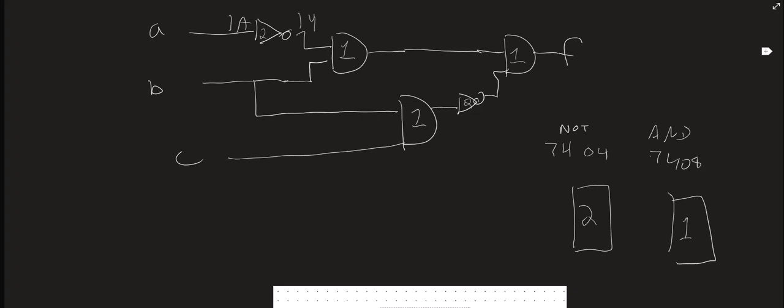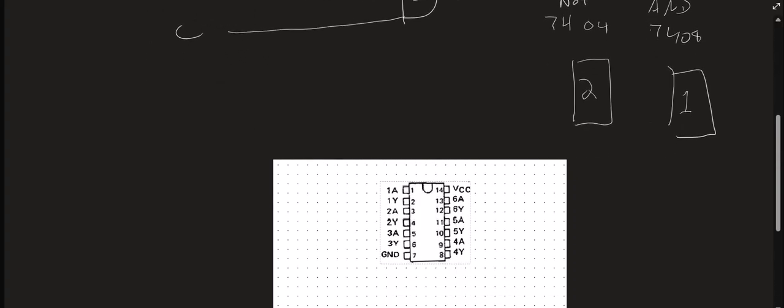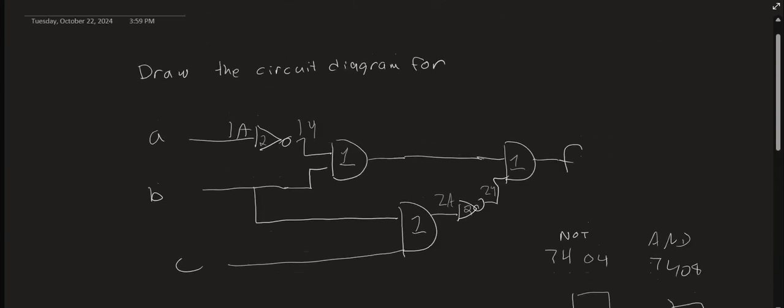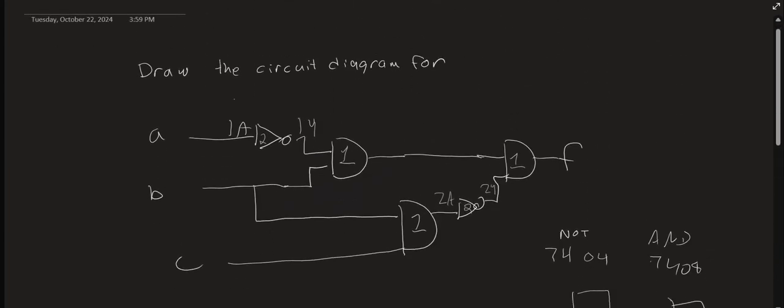And for my second NOT gate, it would be 2A, and the output would be 2Y. And then I'll look at the pin numbers. So 1A is on 1 and 1Y is on 2. And 2A is on 3 and 2Y is on 4.